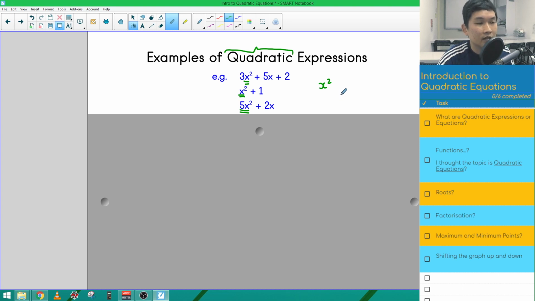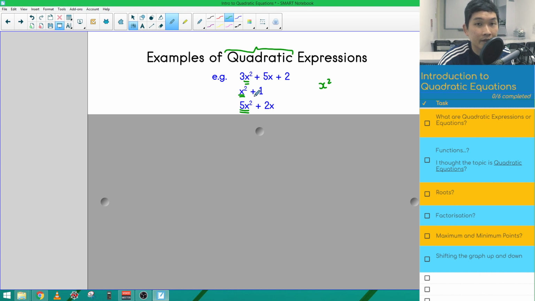Next, if you look closely at these three expressions, there are some differences between them. In the first one, you can see an x squared term. You can see a term in x, because that's 5x. You can see a constant term, which is 2. Now, in the second expression, we have a term in x squared.